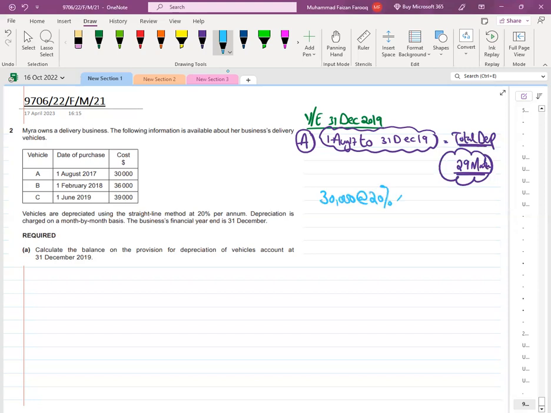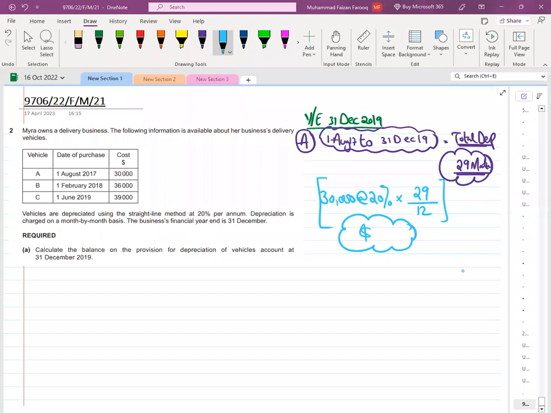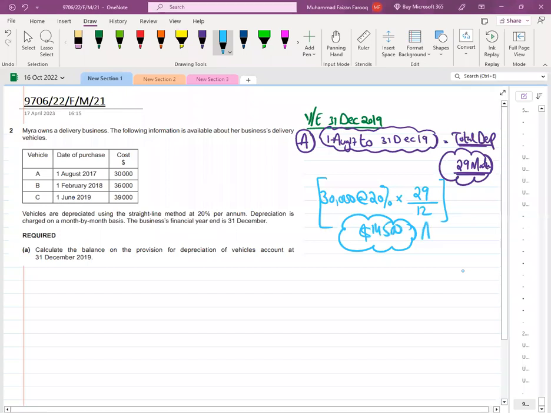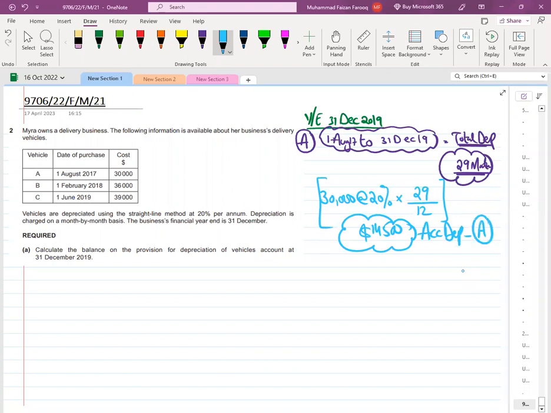This percentage is for 12 months, for 1 year, and we need to compute it for 29 months. So what is the total depreciation for this vehicle? We got the accumulated depreciation for vehicle A.